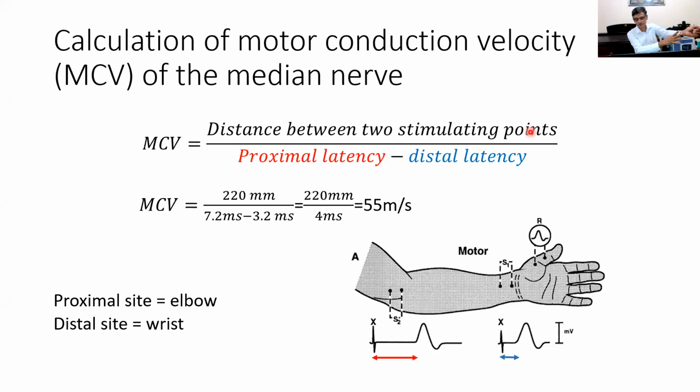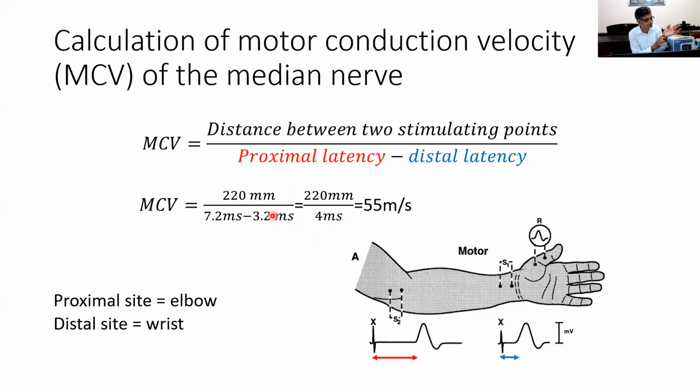Say generally it's about 220 to 230 millimeters, that is 20 centimeters or so between this point and this point. And that is the additional time taken. So when you stimulate from the wrist, it takes about 3 milliseconds. In this example, I have taken the distal latency as 3.2 milliseconds.